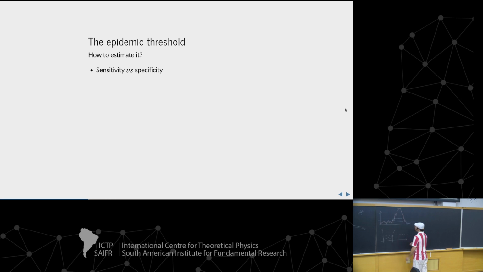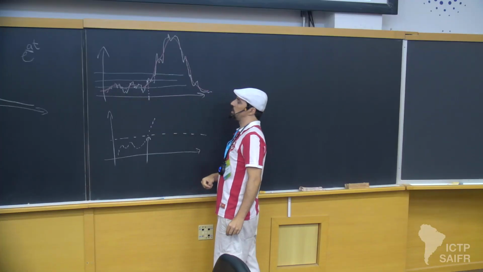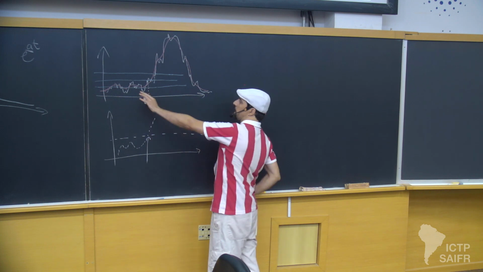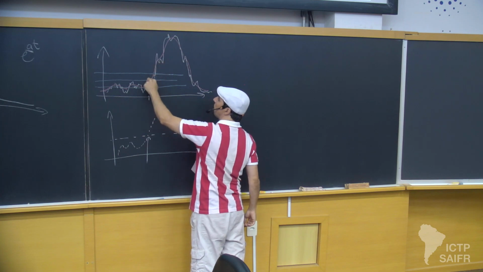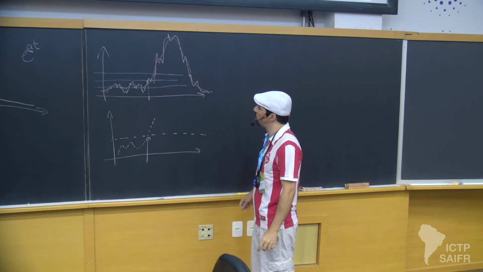But of course, if you look at this picture here, you can see that if I had defined my threshold at this point, I would ignore, or classify what happened here, as still compatible with stochastic fluctuations, baseline activity. And here I would say that now I have the starting phase of my increase.